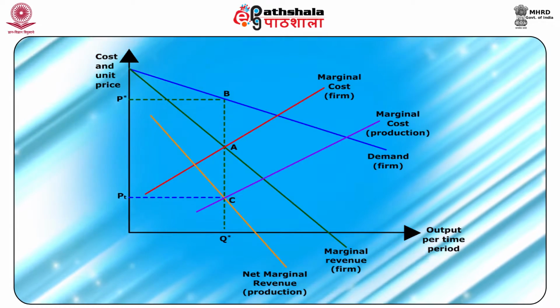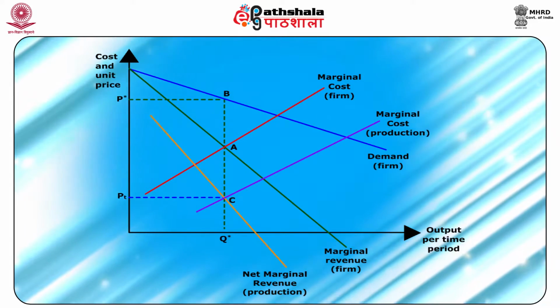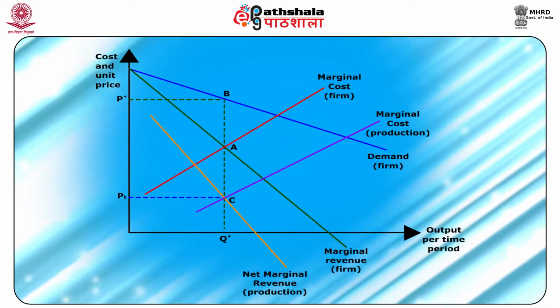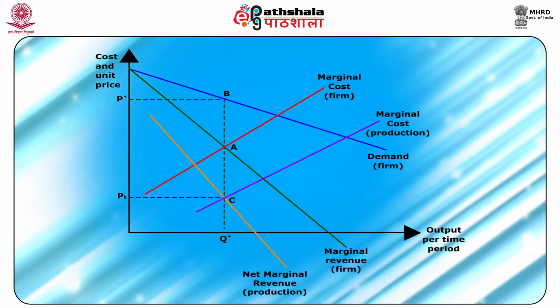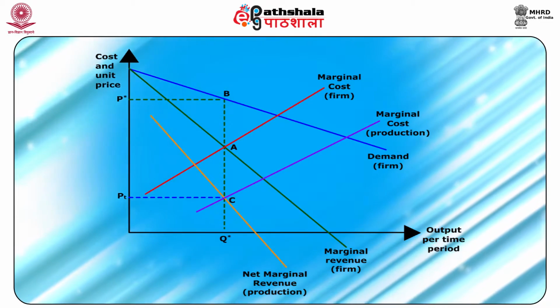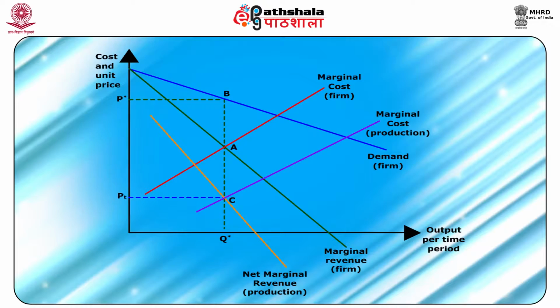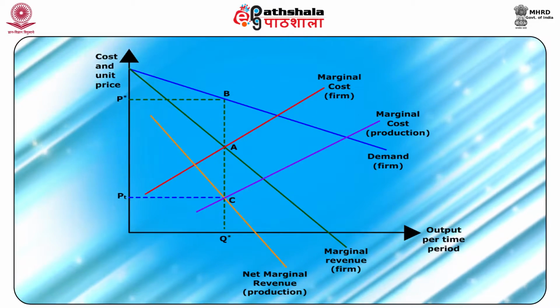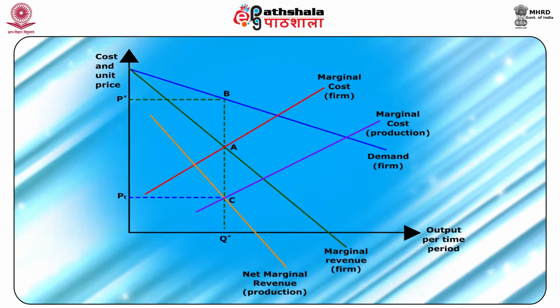On the other hand, the marginal cost curve of the firm, which is upward sloping, it is a red line, it intersects the marginal revenue curve of the firm at point A. But at this point, the price on the firm's demand curve is determined at point B, and at this point the price is P star.